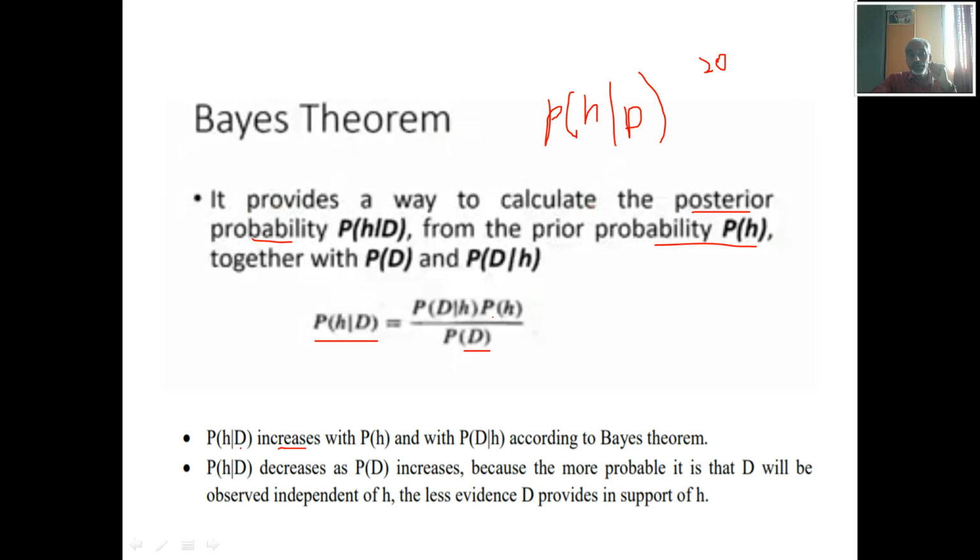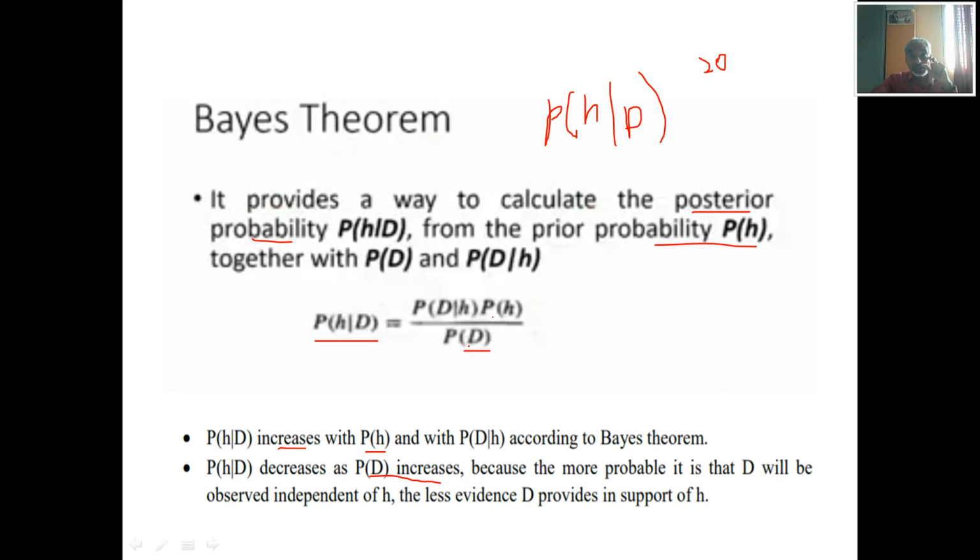The left hand side will increase with your prior probability P of H and with P of D given H according to the Bayesian theorem. If the numerator increases, then obviously this posterior probability increases, and it will decrease as P of D increases. The posterior probability will decrease if your denominator increases. That is how the calculation works.